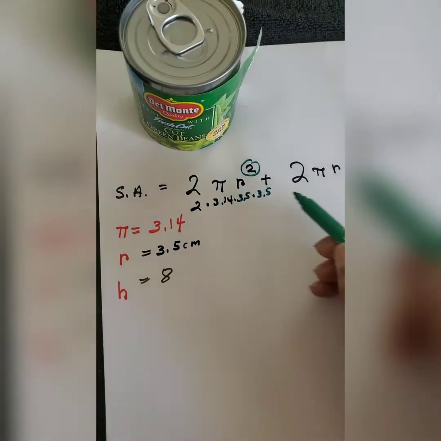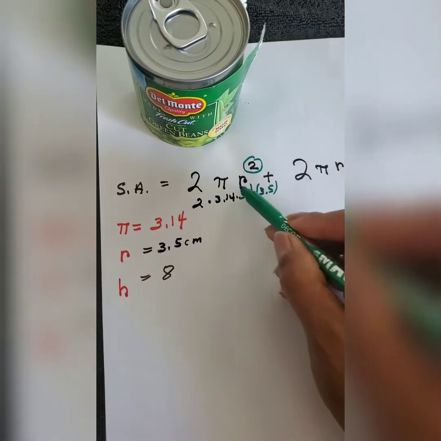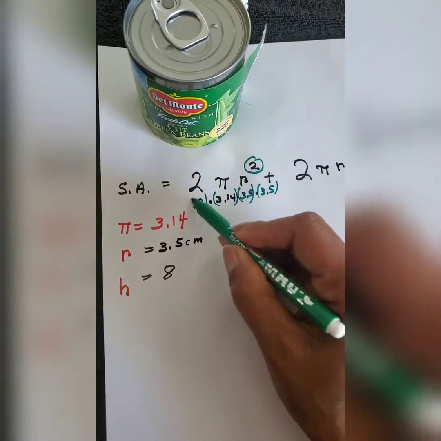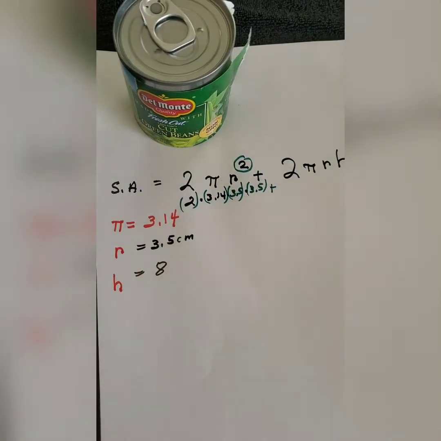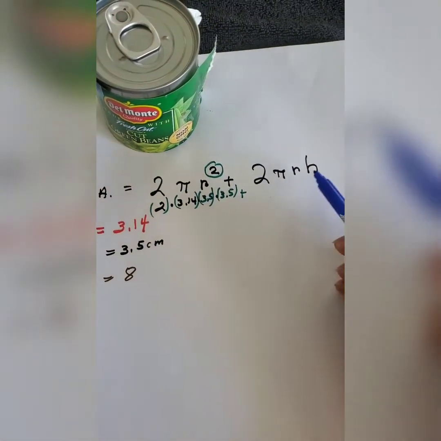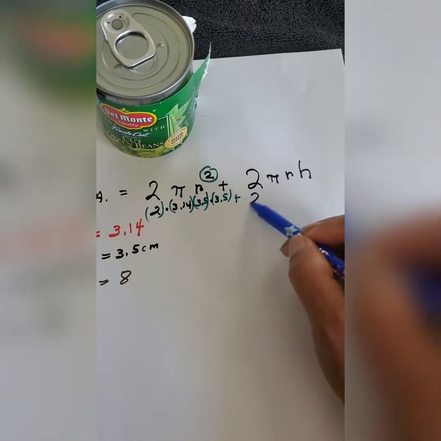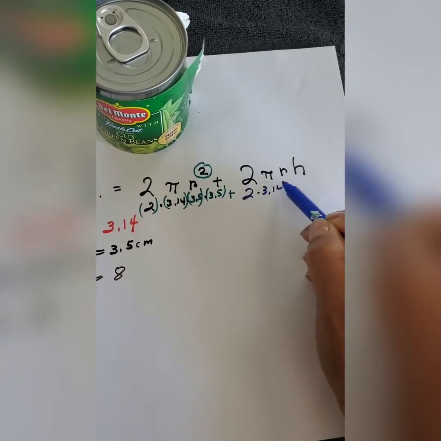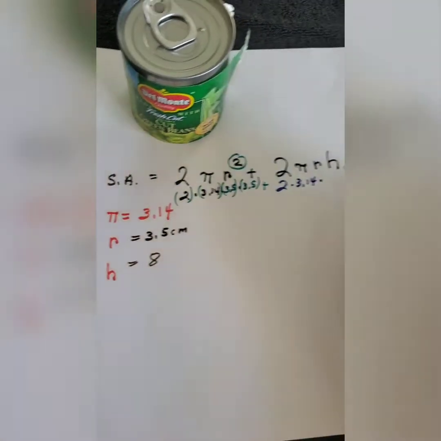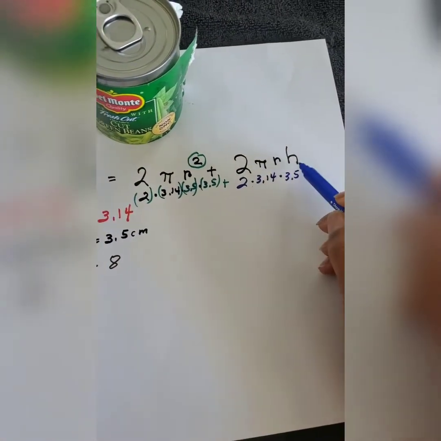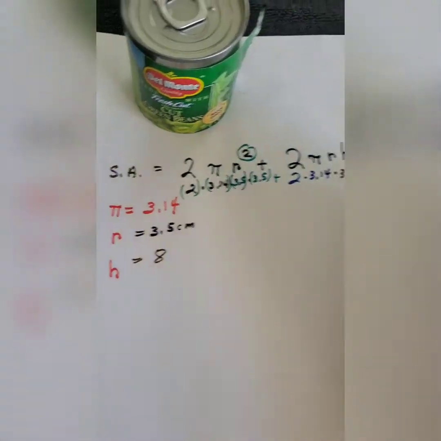And I'm going to put these in parentheses. Okay? Plus, all right, 2 times pi times r times h. 2 times pi, 3.14, times r, 3.5, times h, which is 8.